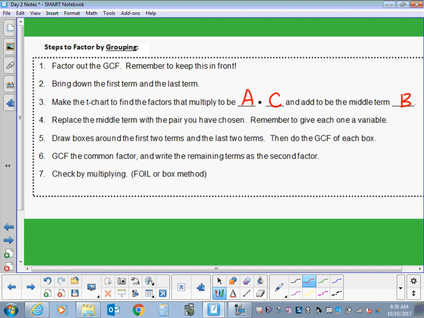Replace the middle term with the pair you have chosen. Draw boxes around the first 2 terms. I don't really do that, but we'll get there. GCF, the common factor, we check by multiplying.